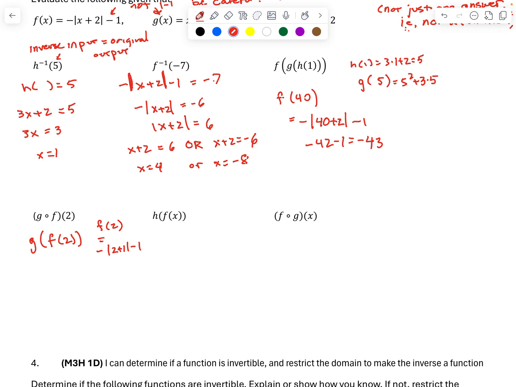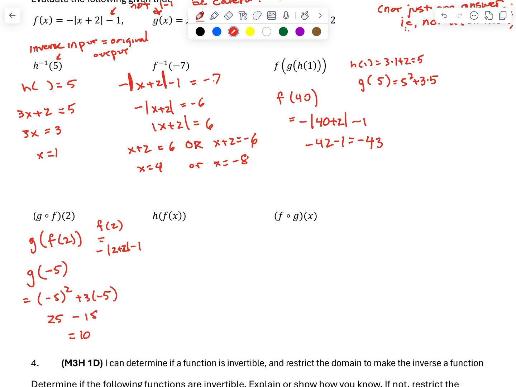Wait. Oh, that's 2 plus 2. Negative 5. Okay, so notice that squaring does switch the sign, but you've got to be careful with this one.